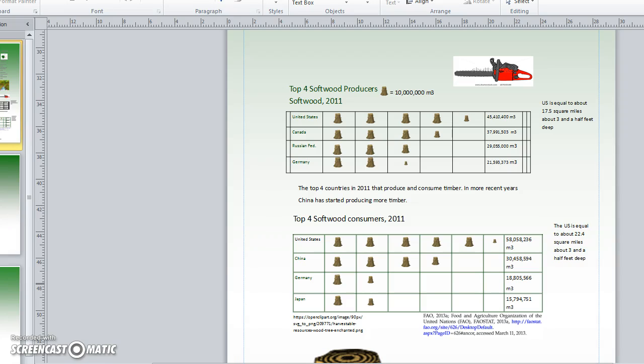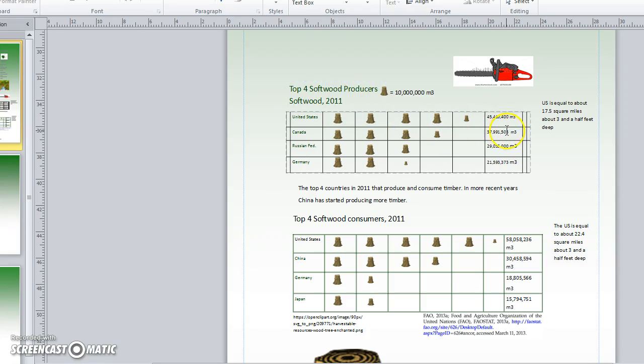So if we look at our chart here, we see the United States with these stumps, and I have here showing that one stump is equal to 10 million cubic meters of wood. And then I have the number showing how many cubic meters the U.S. produces.